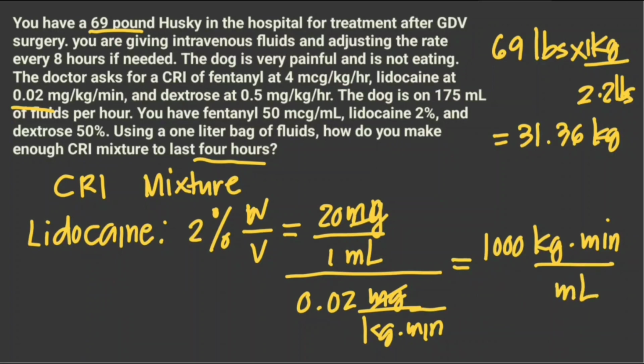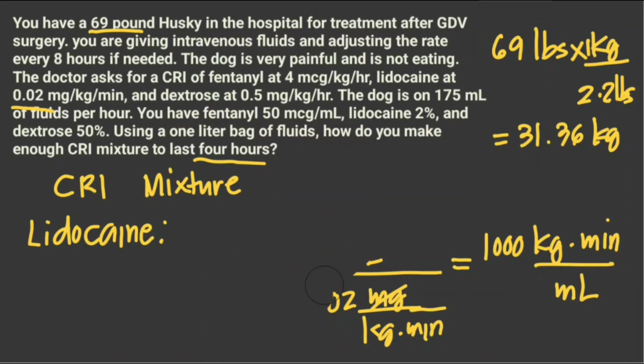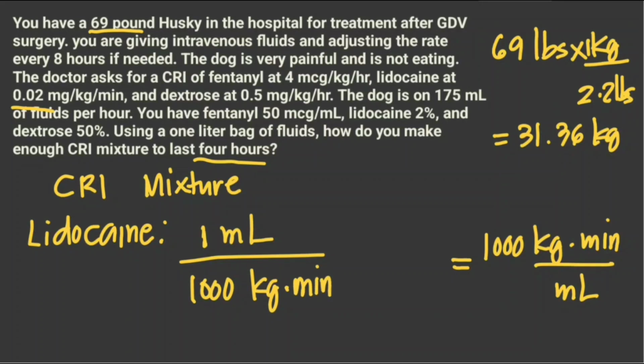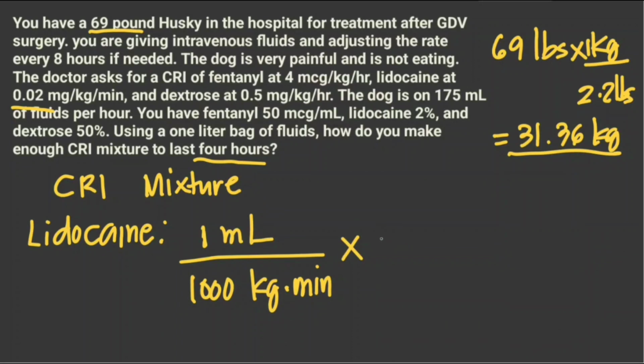With the same process, we can flip this to eliminate the rest of the units. So we can write this as 1 ml over 1000 kilograms per minute. Then we multiply this by the weight of the dog, 31.36 kilograms, to cancel the kilograms, and then the number of minutes, because it's in minutes.